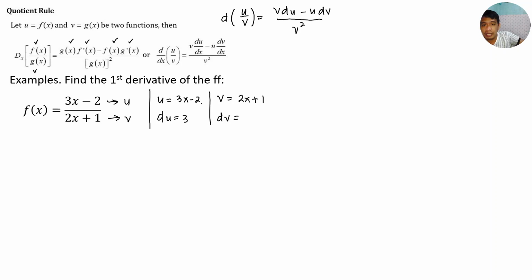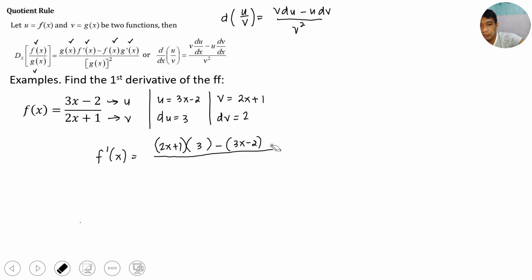Derivative of 3x is 3, derivative of negative 2 is 0, derivative of 2x is 2, derivative of 1 is 0. Then we employ this formula, f prime of x is equal to v, that's 2x plus 1, multiplied by your du, which is equal to 3, minus u, which is 3x minus 2, times your dv, which is equal to 2, all over v squared, which is 2x plus 1 raised to the second power.